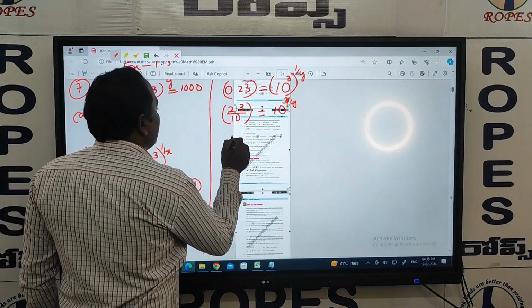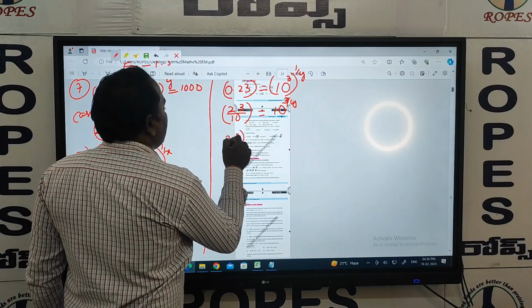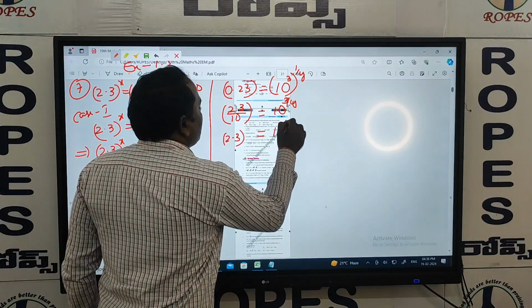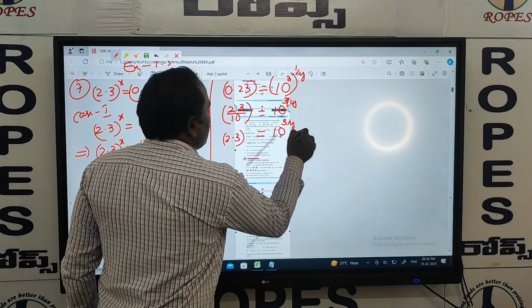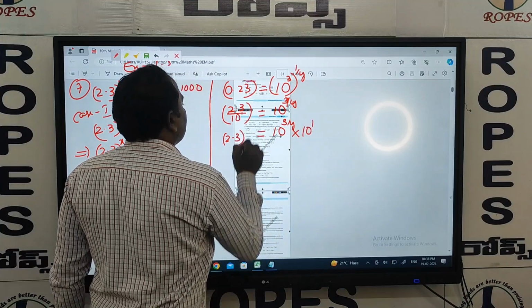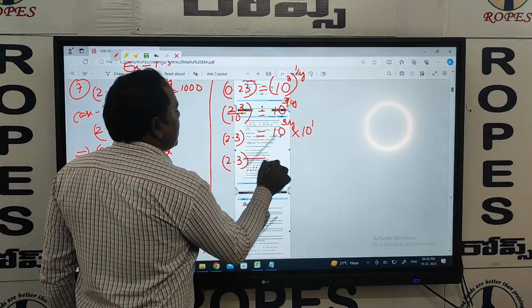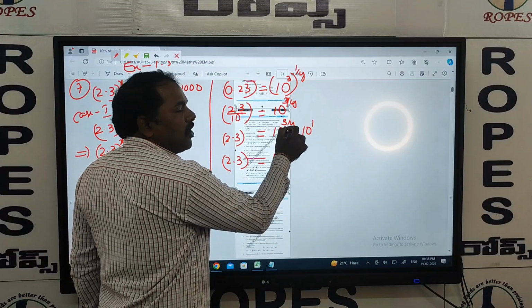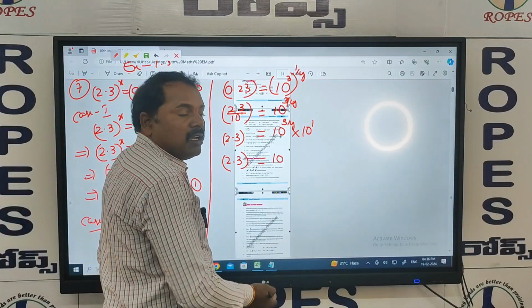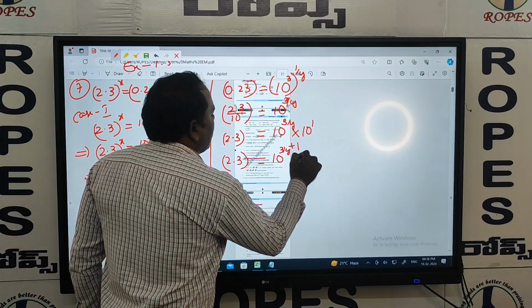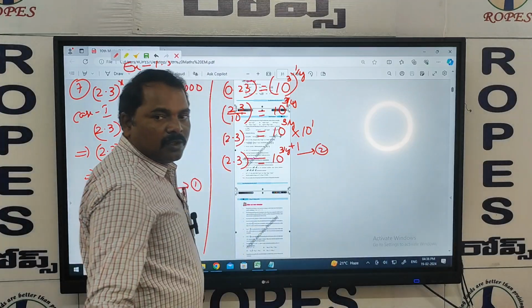Now we can write 0.23 as 2.3/10, so 2.3/10 = 10^(3/y). Moving the division by 10 across, 2.3 = 10^(3/y) into 10^1. In the form a^m into a^n, we can write 10^(3/y + 1). Take it as equation 2.